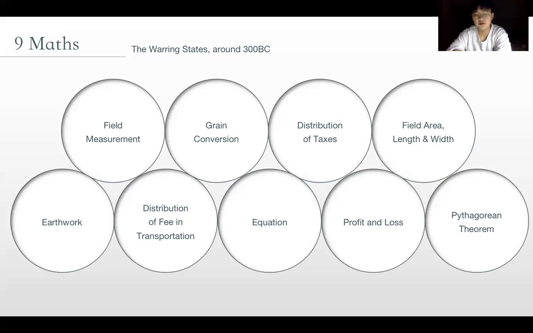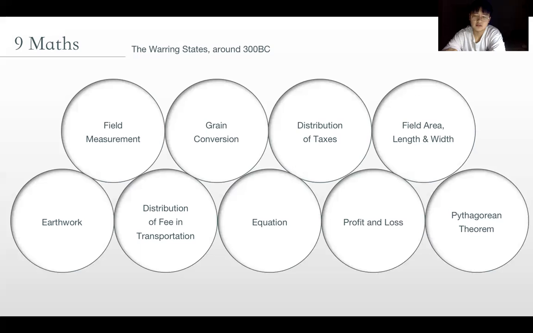The sixth one is distribution of fee in transportation. When people have food, have grains, or when people have dirt, have wood, they need to get them transported. That is connected to some fee. So people need to plan on their fee of transportation. The seventh one is equation, just like the equations we are learning nowadays, like 2x plus y equals 1.